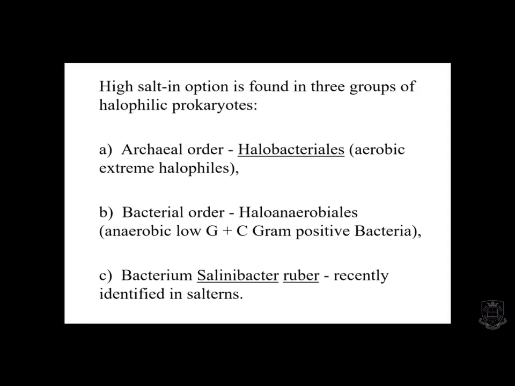And then more recently, though, when I say recently, about 10 years ago now, in Spain, they did a lot of work in some of the salterns in southern Spain, and Rodriguez-Valera's group found this really unusual bacterium called Salinibacter ruber. It is a bacterium in the sense of, if you do the 16S sequencing, it's a bacterium, but it's obviously been involved in some lateral gene transfer, so that it actually has picked up some archaeal characteristics, and again does use the high KCl mechanism.